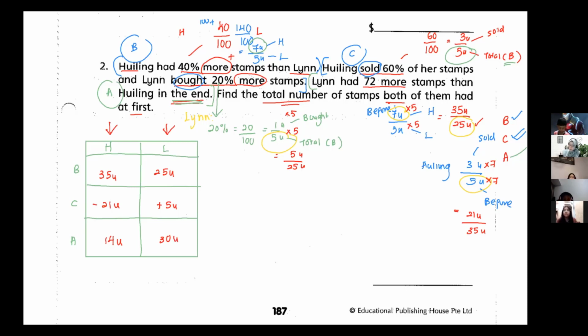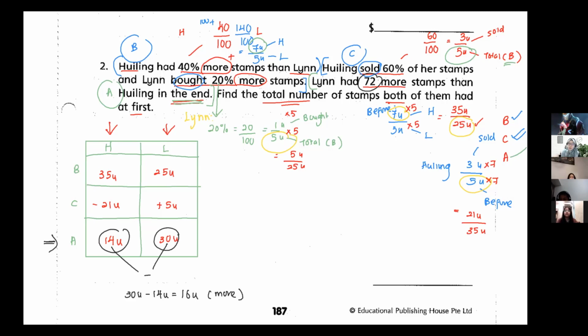Then we are going to compare, because they say that in the end, the after row, Lin has 72 more stems than Hui Ling. So you look at Lin and Hui Ling, and you know that Lin has more. How many more? You subtract to find the difference, the comparison. 30 units minus 14 units equals 16 units. This 16 units is the more.